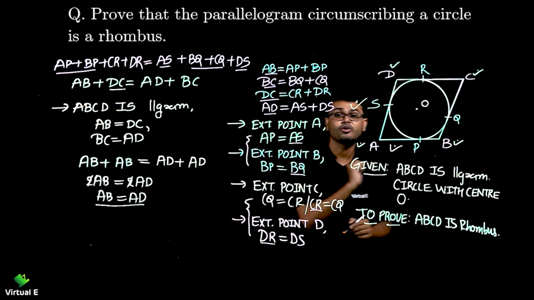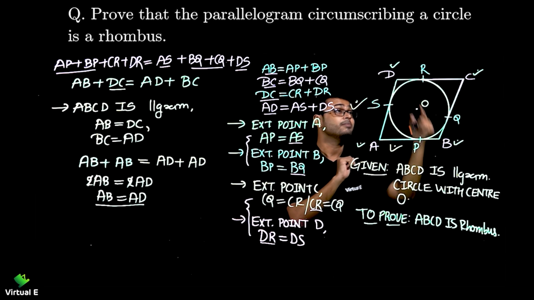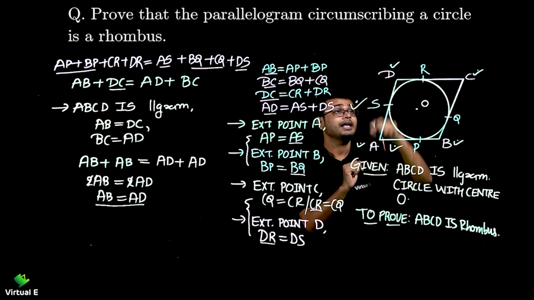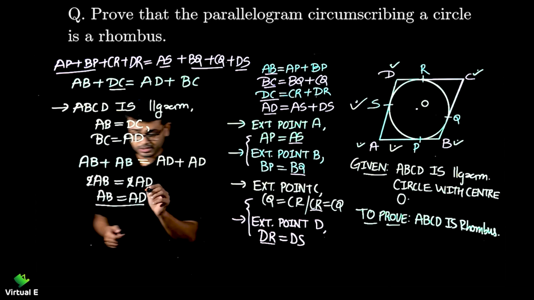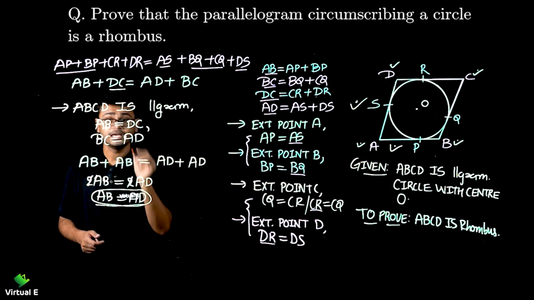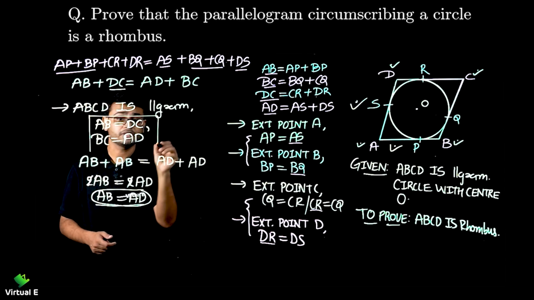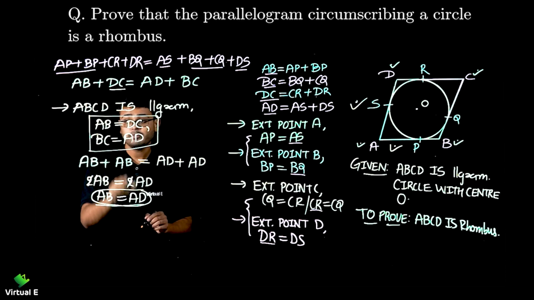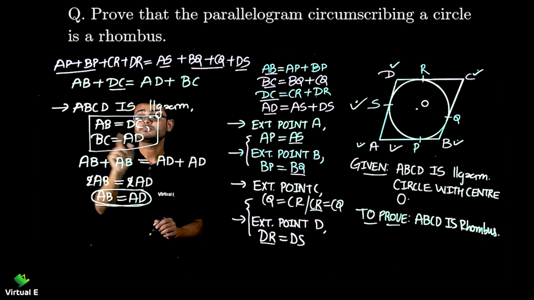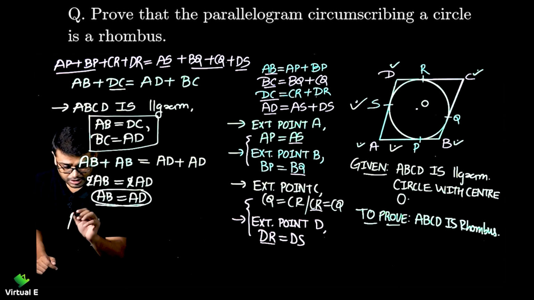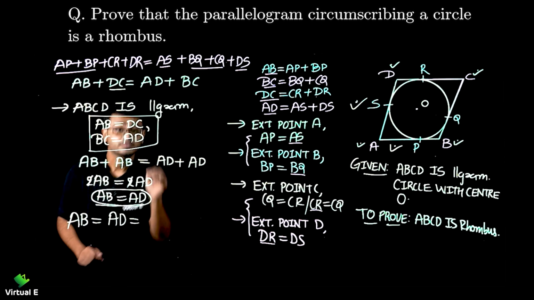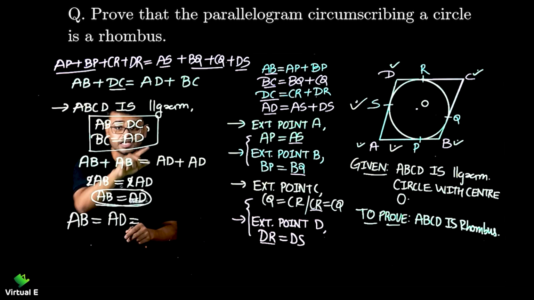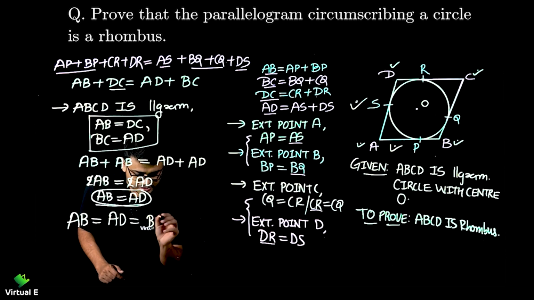Now, one thing we know from this parallelogram, that AB is equal to DC already and AD is equal to BC. So, from this property and from these 2 properties, what can I write? AB is equal to, first of all, let's write AD. Now, what is related to AD, which is BC?